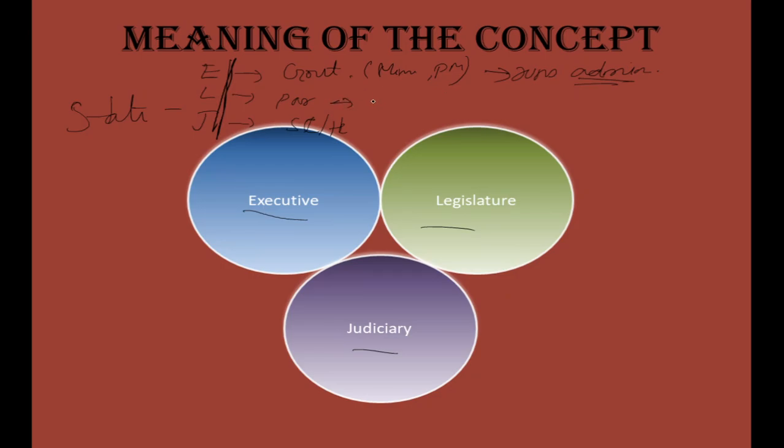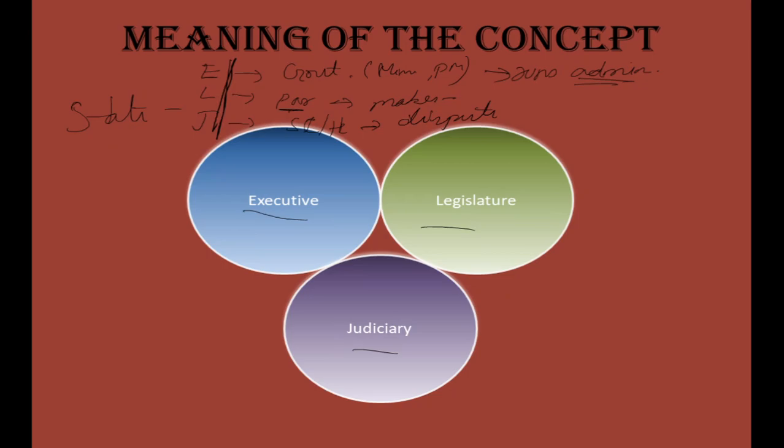The parliament makes law. Laws like the Citizenship Amendment Act or National Food Security Act, Aadhaar Act, all these acts are made by the parliament. And then we have the courts which deal with disputes. आपका कोई property dispute होता है, आप court जाते हो.